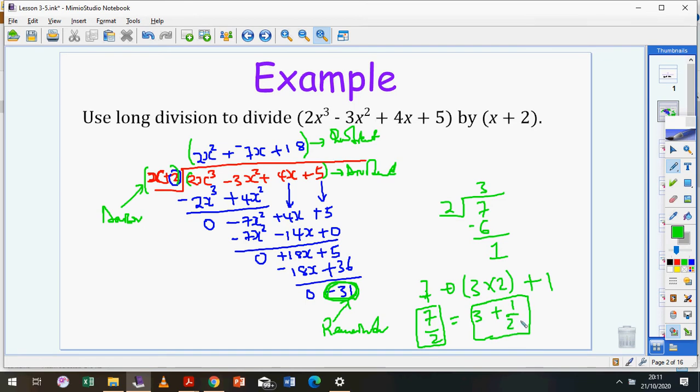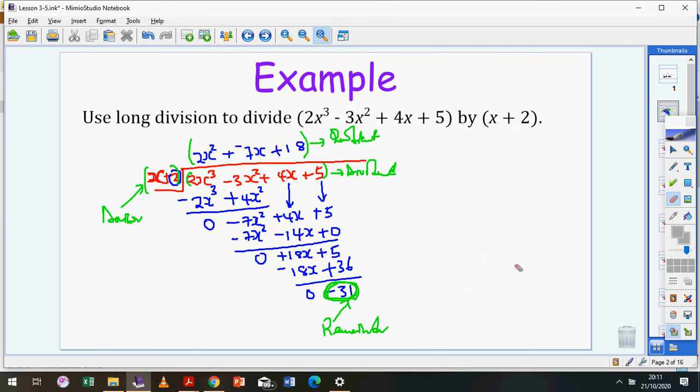Now, using this idea, I can rewrite this expression here, in both of those ways.